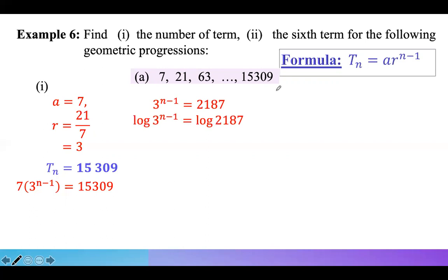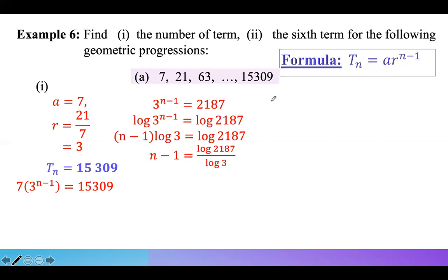Here you can either use log or use index to solve. If you don't know how to use index, you just use log. So as usual, log 3^(n-1) equals log 2187, then (n-1) log 3 equals log 2187, so n-1 equals log 2187 over log 3.